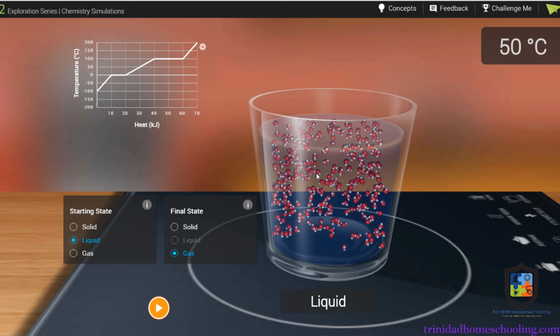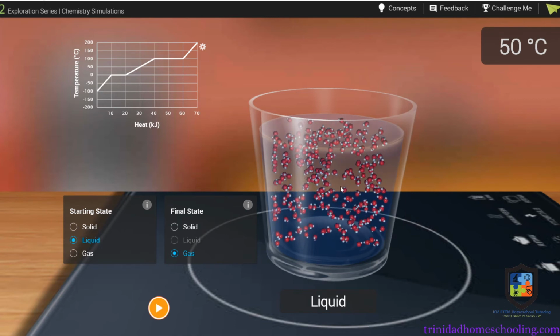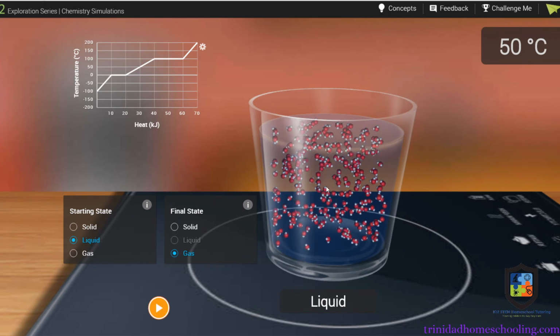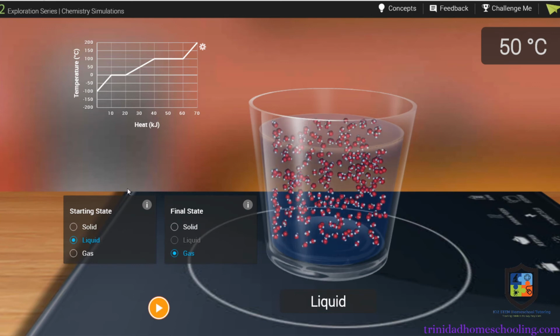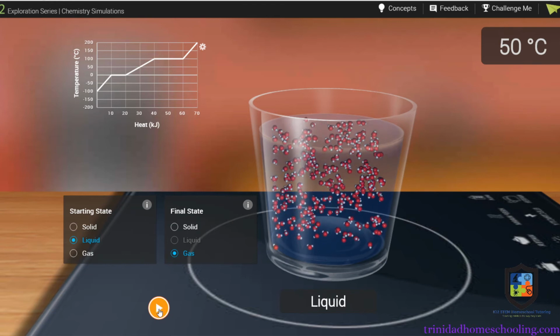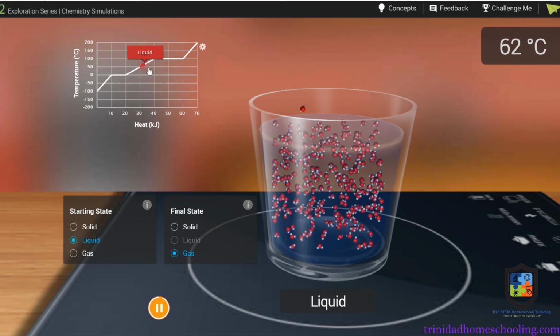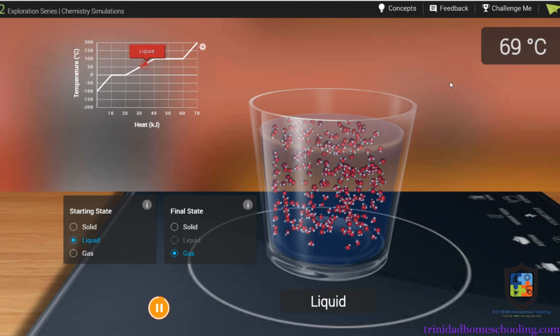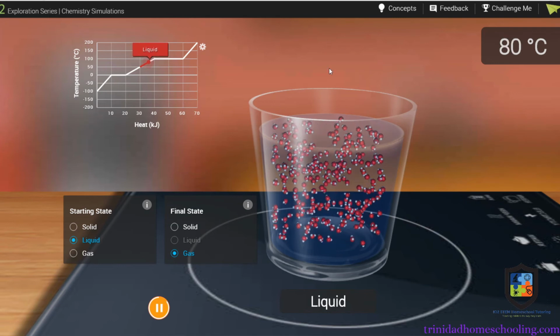Notice the molecules. They are moving a little bit. They are spaced out but not too far apart. And we are going to heat now and look at it turn into a gas. So here we have our liquid being heated. Its temperature is rising. Now you may see one or two little water molecules escaping.